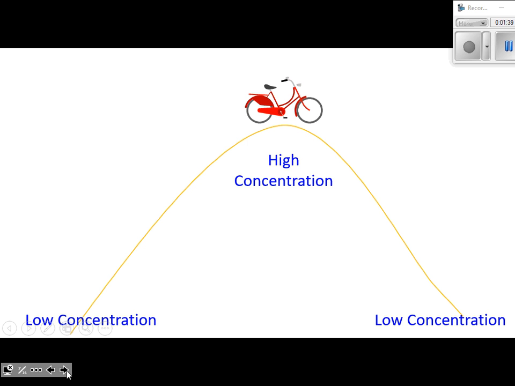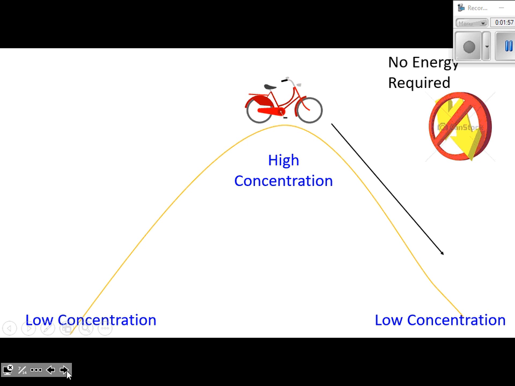If I ride my bike towards the arrow, down the hill, if I ride that bike down the hill, do I need to exert a lot of energy? No, I don't need any energy.